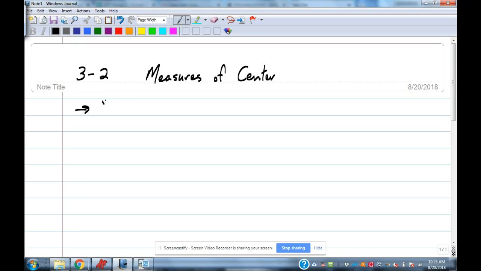Okay, in Algebra 2 or Algebra 1, 7th and 8th grade math, you may have heard them called measures of central tendency. Okay, measures of central tendency was what we sometimes called them.